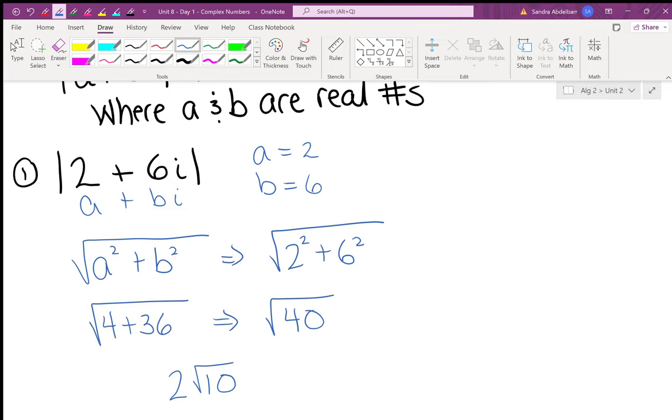All right, let's talk about why this is what it is. Why is the absolute value of a plus bi the square root of a squared plus b squared? All right, so we always want the distance from 0. But now since we're dealing with imaginary numbers, we're not really having x, y. We're having real versus imaginary.